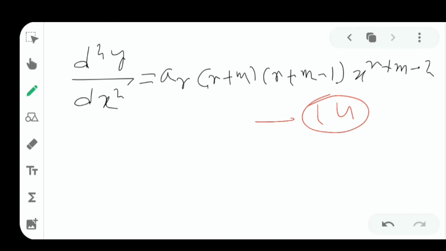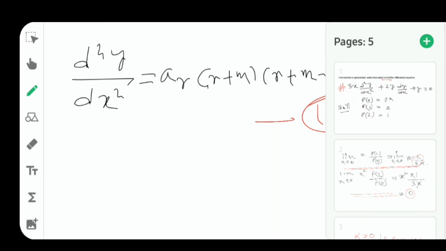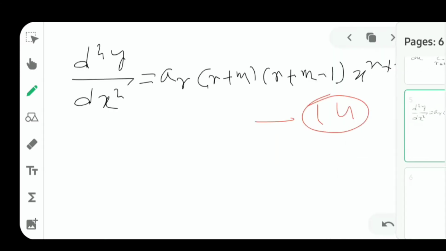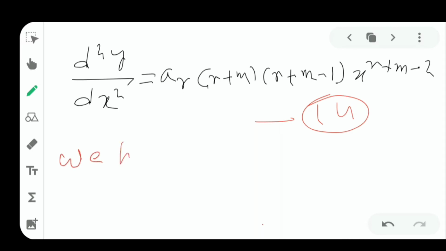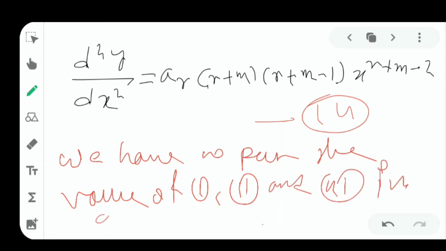Now we have to put the values of equations 1, 2 and 3 in the given differential equation.